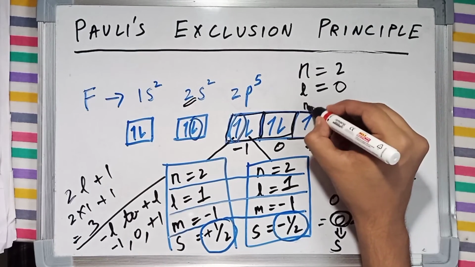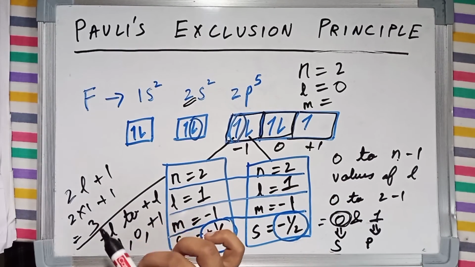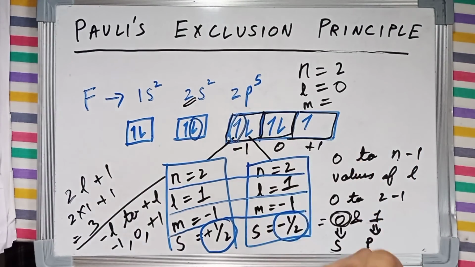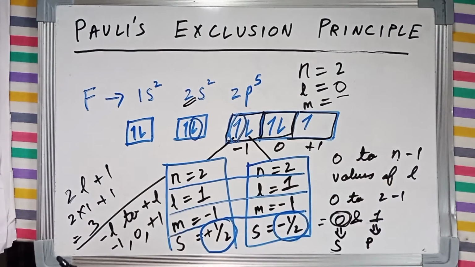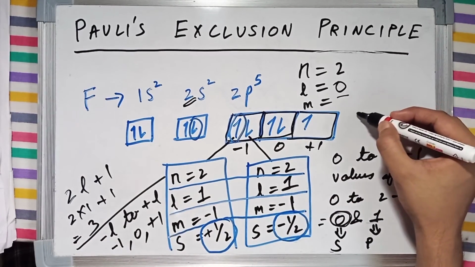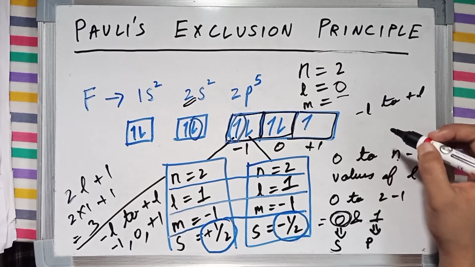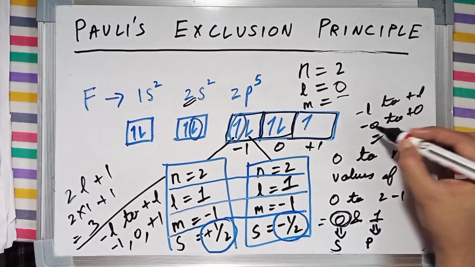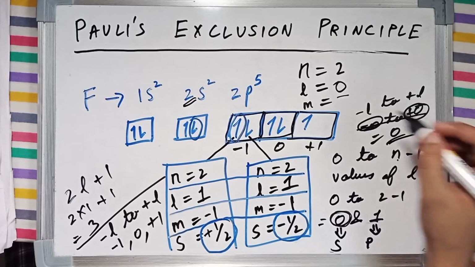Now what is the value of the magnetic quantum number? I said for a given value of l, the values of m range from minus l to plus l. Now the value of l is 0. So it will be minus 0 to plus 0, which equals 0, because minus 0 and plus 0 doesn't mean anything, so it will be just 0.